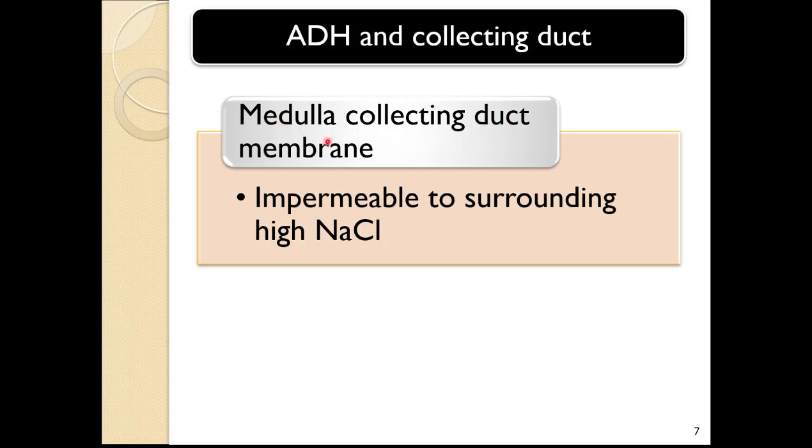So antidiuretic hormone acts on the medullary collecting duct. Normally, this collecting duct is impermeable to the high surrounding sodium chloride in the extracellular fluid. So in other words, under conditions where there's no antidiuretic hormone, water is not going to move out of the filtrate in this region.